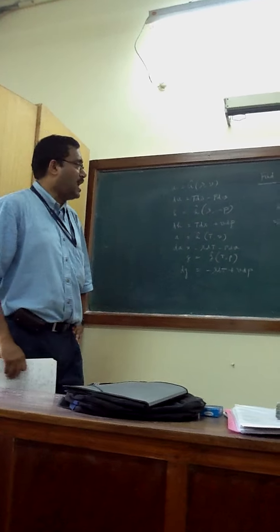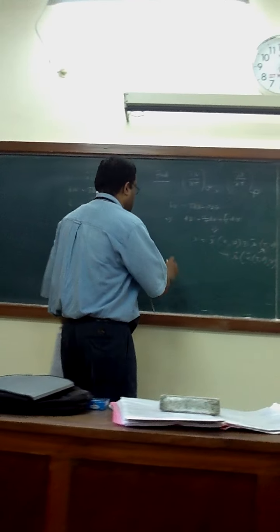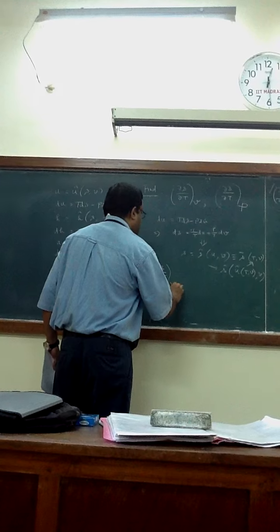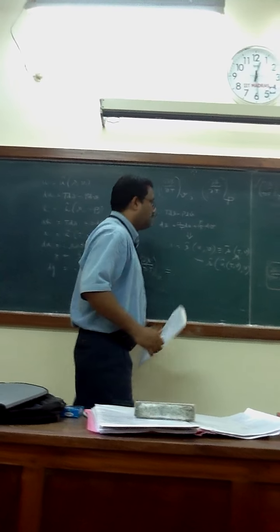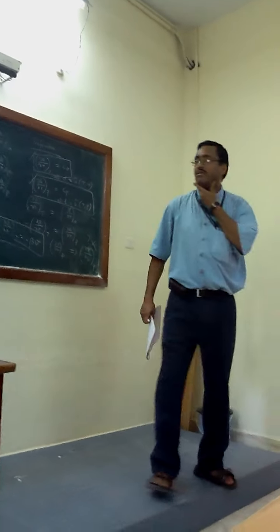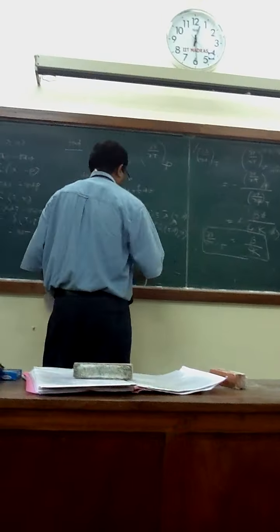Yes. And now you know how to do it. You apply your chain rule of differentiation, which gives ∂S/∂T at fixed V. What should you get? How to get it?